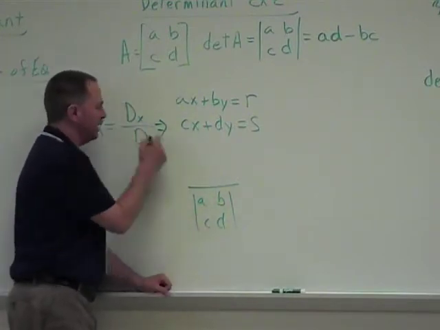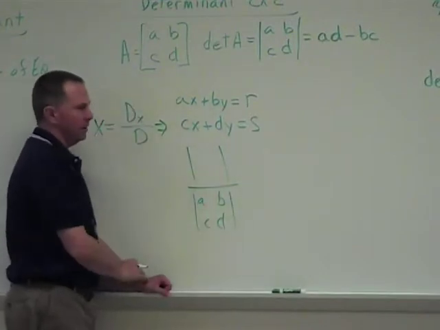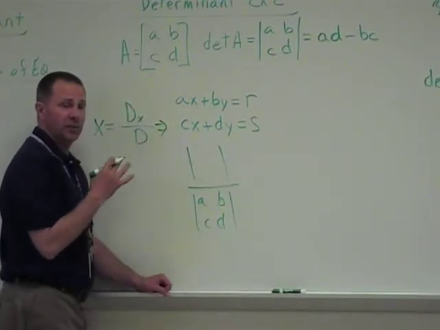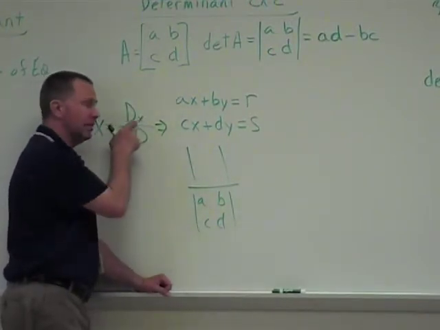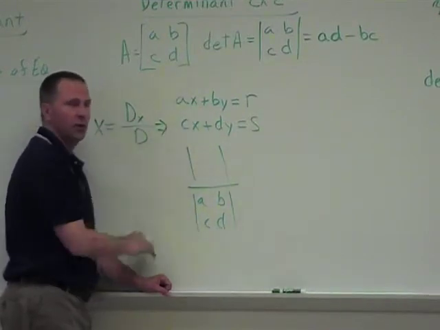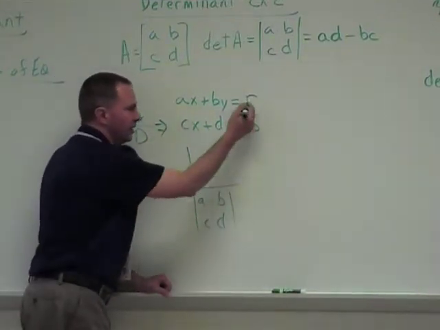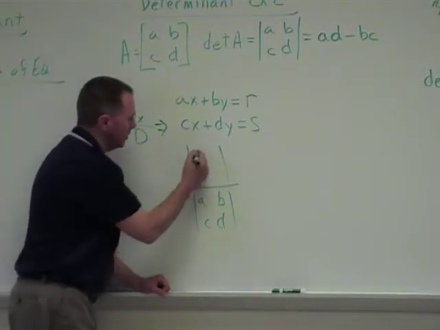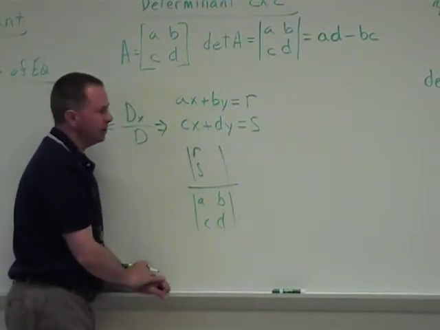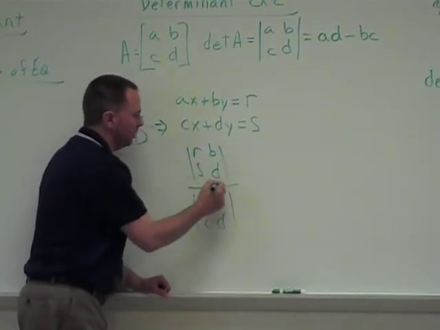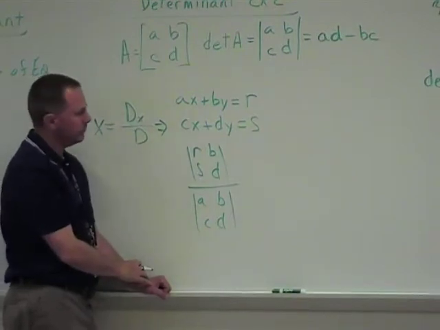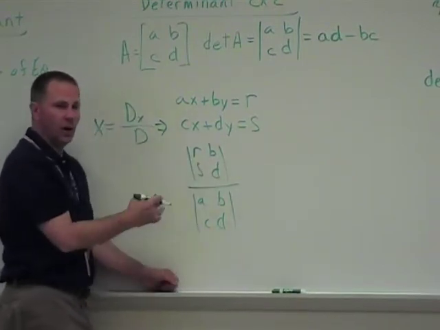But the top, the D sub x, is special. You find the determinant the same way, but we replace the x column, the x coefficients, with the answers. So R and S go in this position, and B and D go in this position. The y column didn't change.